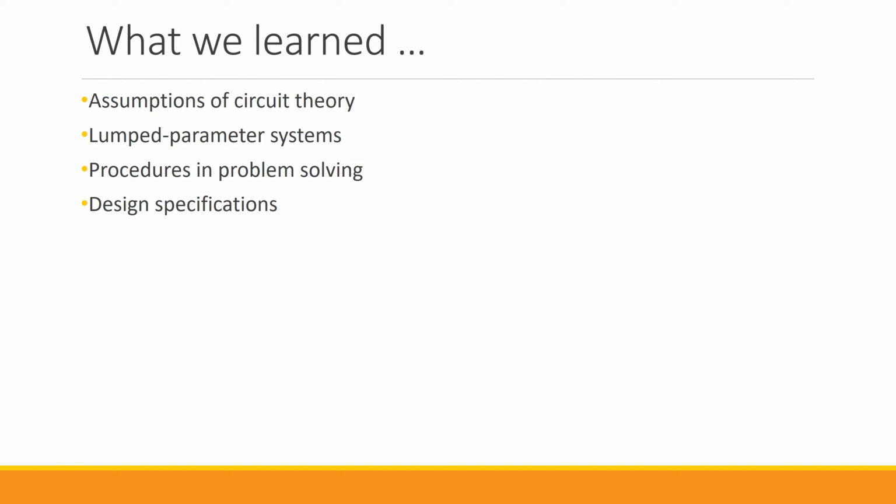And then finally, you saw what the procedures in problem solving for electric circuits are and what the specifications are that you need to satisfy if you want to design a new circuit.